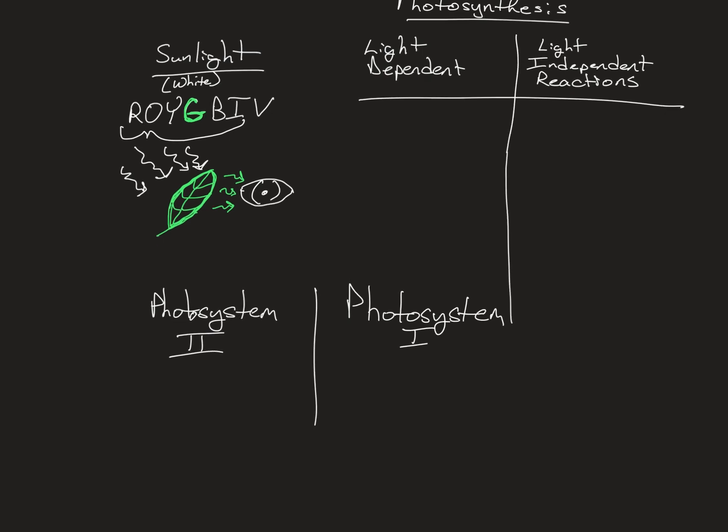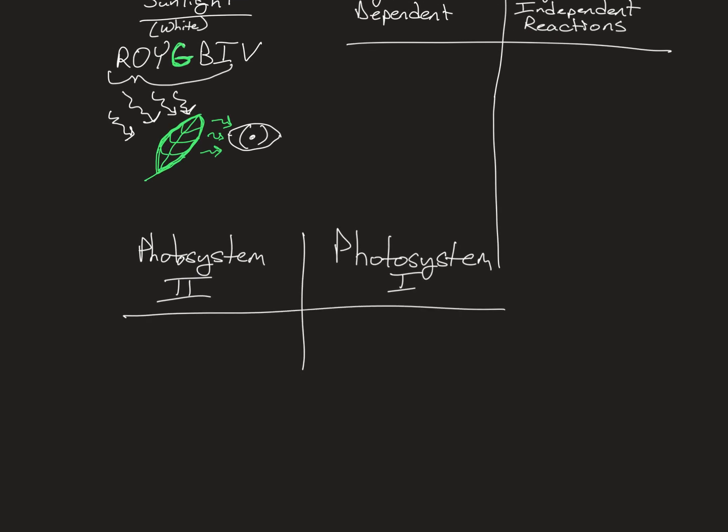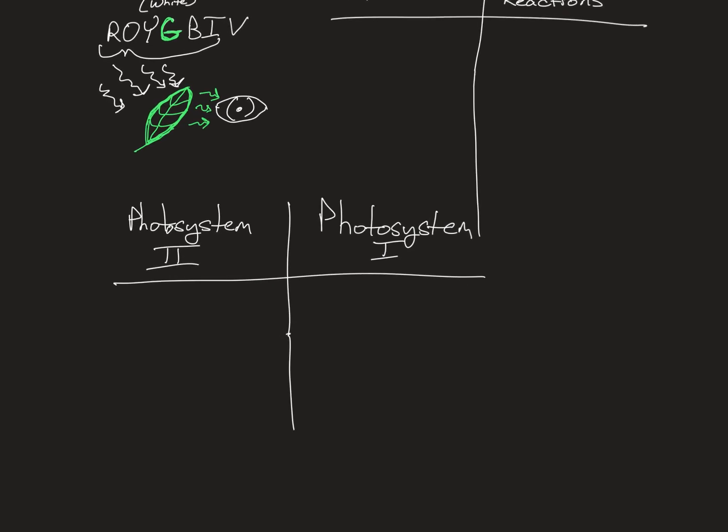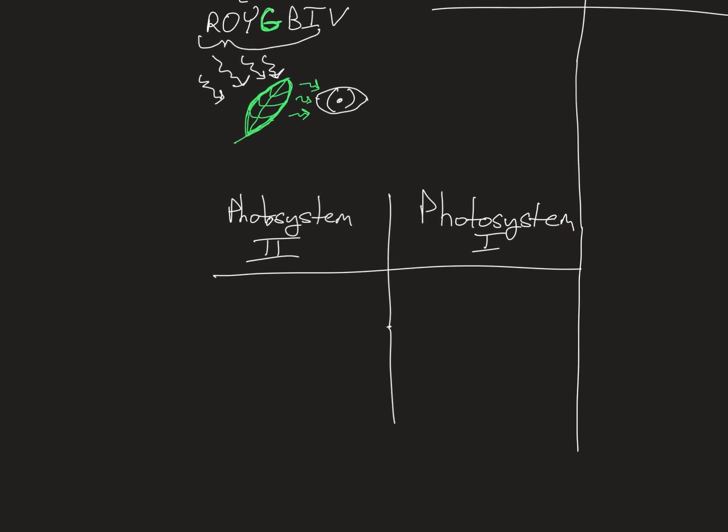It's annoying that photosystem 2 happens before photosystem 1. I don't know why. Maybe they discovered photosystem 2 after photosystem 1. For years I've said, why don't they just switch the names? Because people learned them this way and they don't want to switch it.